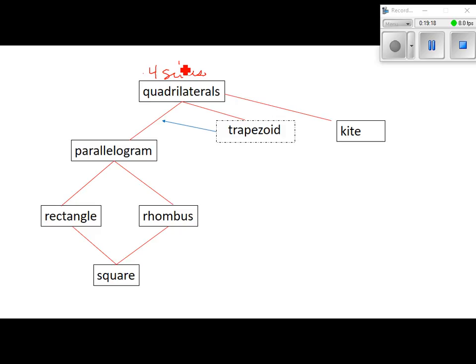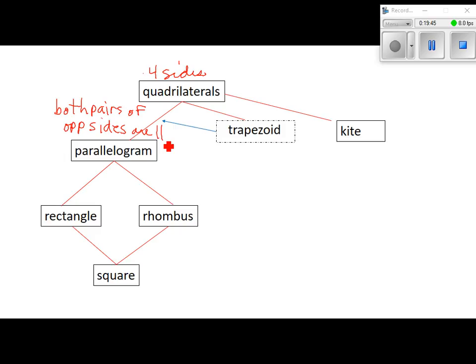To be a parallelogram, the easiest way to prove something's a parallelogram is by showing that both pairs of opposite sides are parallel.